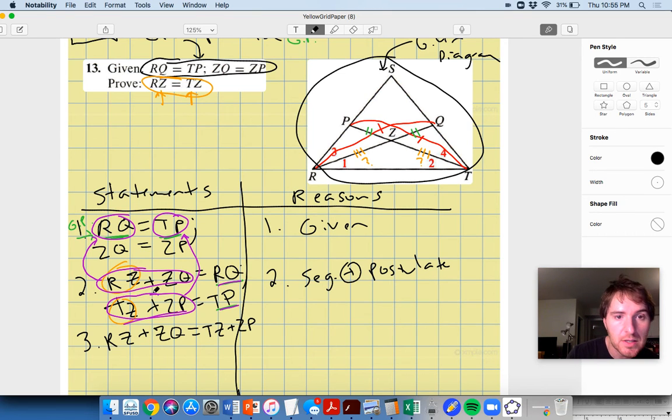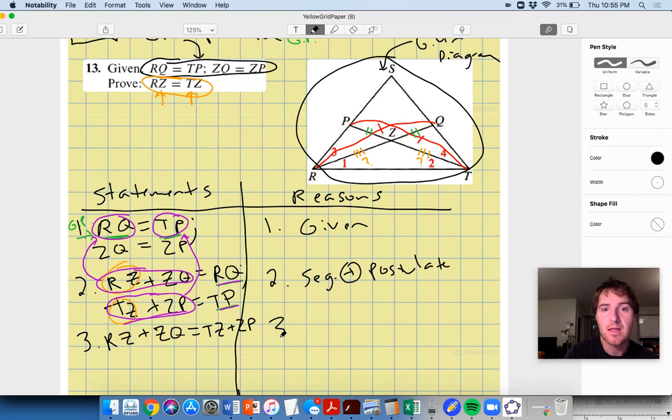RZ plus ZQ is RQ, this is part plus part equals whole from step 2. So because it equals that and it's up here, we can replace that here. And the same thing here, TP is up here in this top equation. We can take TZ plus ZP, replace TP with TZ plus ZP. And now we've just simply rewritten this equation with things that are equal to both the expressions right here.